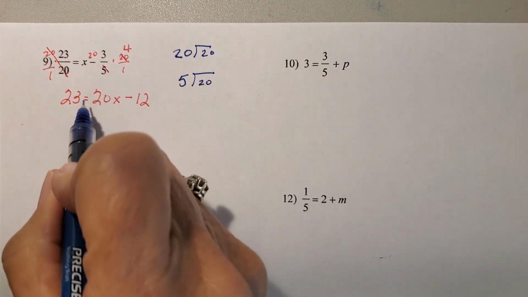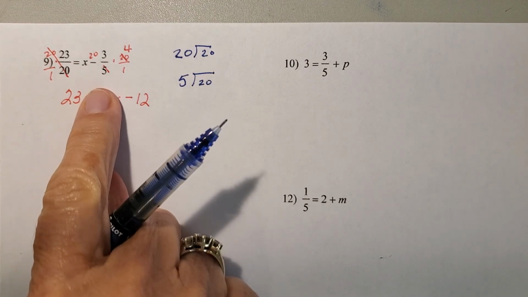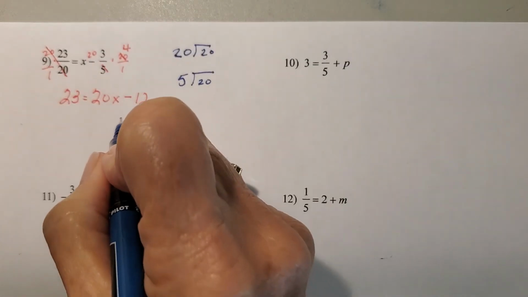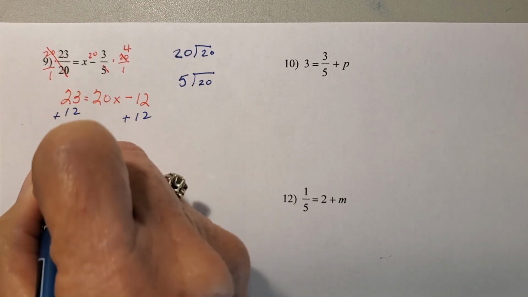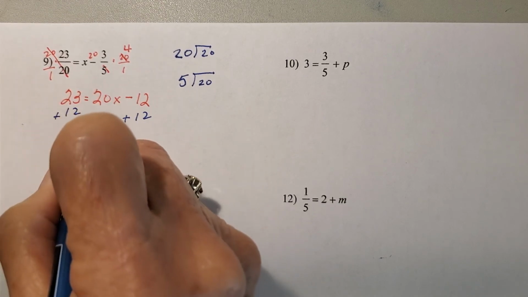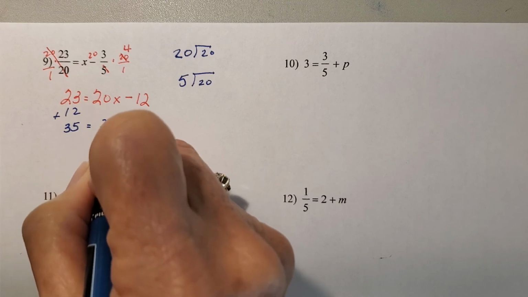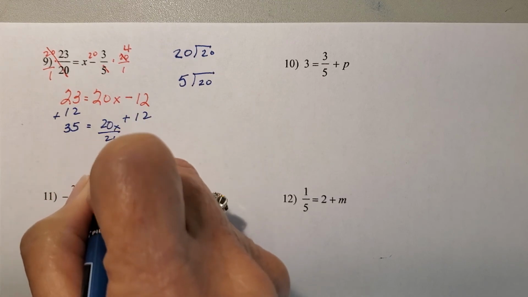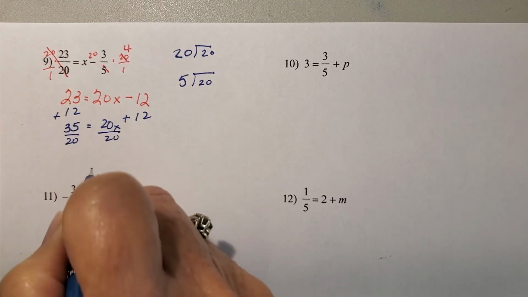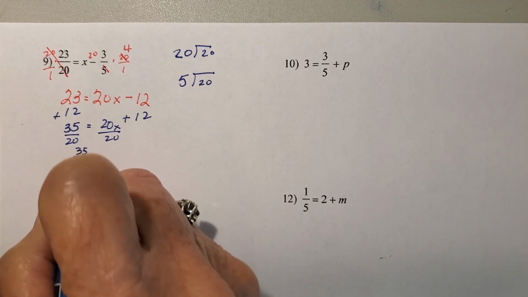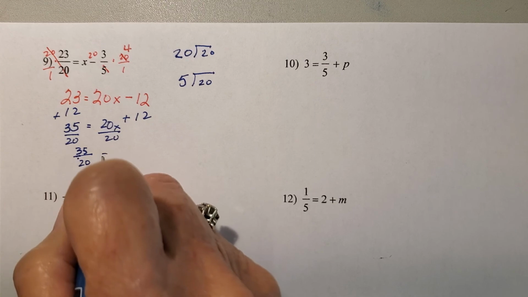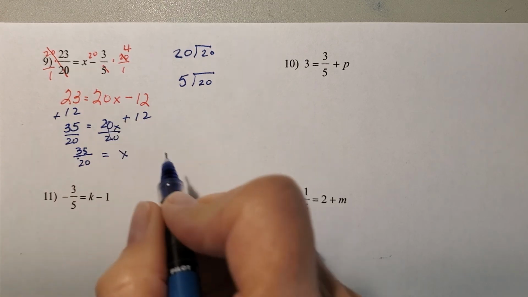We want to get the x's by themselves, so we need to add a 12 to both sides. So we get 35 equals 20x. Divide both sides by 20, and we get 35 over 20 is equal to x.